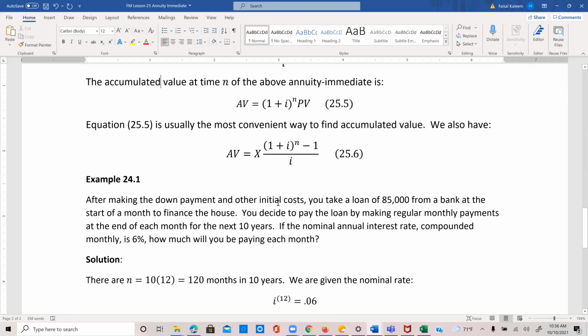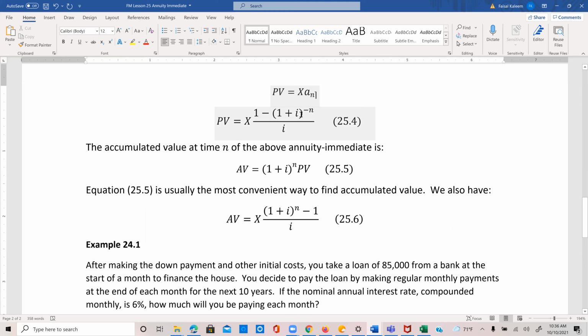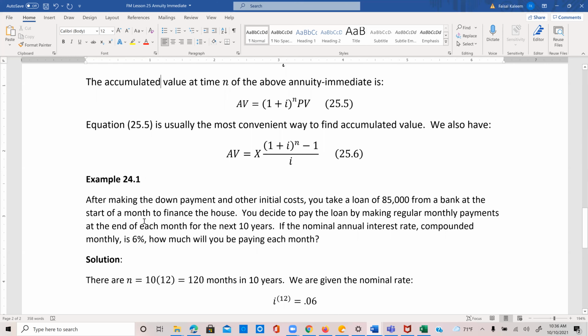Since the payments are happening monthly, the n, which is the number of periods we will use in equation 25.4, will be the months. So in this case, n is the number of months, and since there are 10 years, 10 times 12 equals 120. So n equals 120 months.